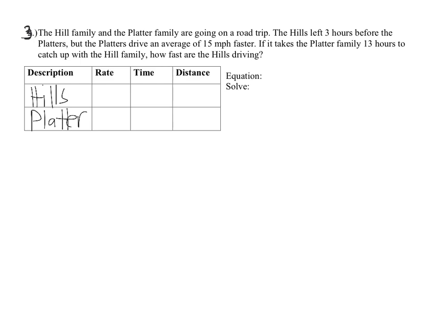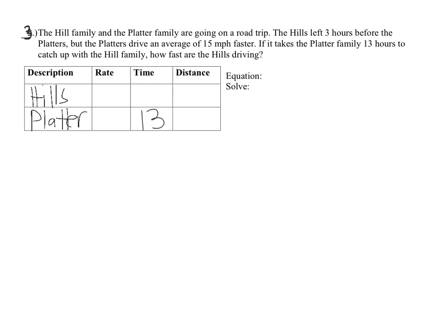Okay, so the Hills left 3 hours before the Platters, but the Platters drive an average of 15 miles per hour faster. And then it says it takes the Platter family 13 hours to catch up with the Hill family. So right there, we know that the Platters traveled for 13 hours. So right there, the Platters' time is 13.